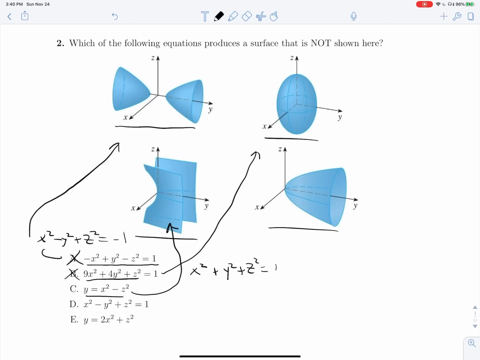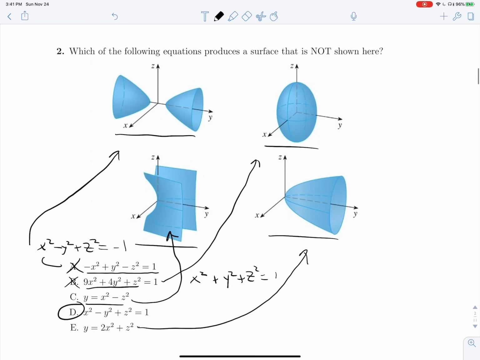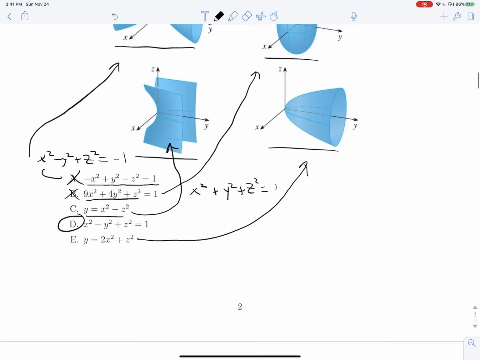And finally, our elliptic paraboloid is right here. And so really, there's not much that you can do besides just knowing these things. If this is something that you feel like you're a little rusty on, go take a look at the whole video doing all of the quadratic surfaces questions, and I go into a little bit more depth about what these general equations are actually doing. But yeah, these questions are okay.